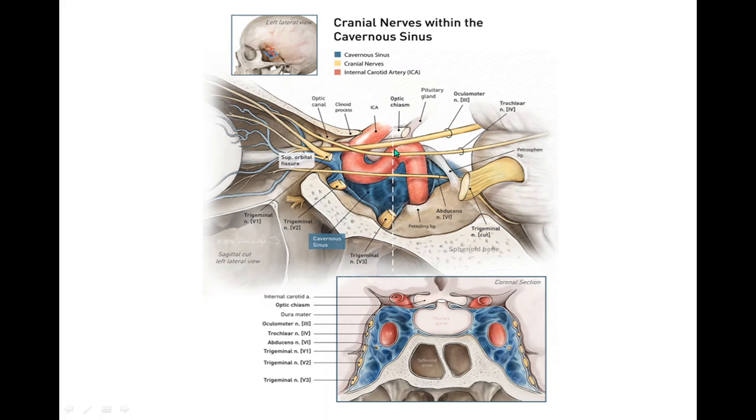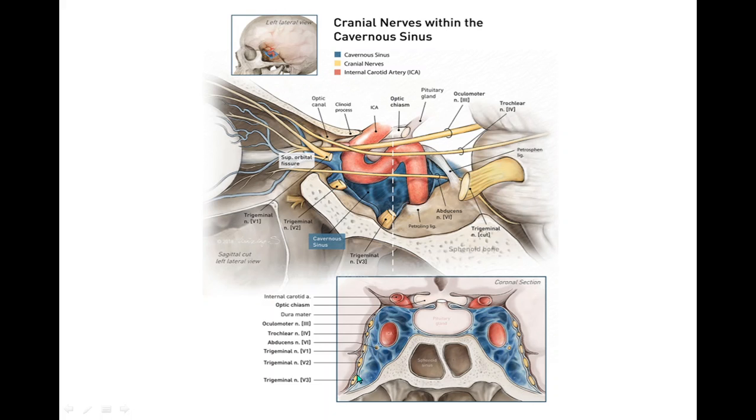Here in this picture the ganglion is taken out to show the structures which are related to it on the medial side of the ganglion. This ganglion is there in the lateral wall of the cavernous sinus. You already studied the cavernous sinus, having the roof, floor, medial wall and the lateral wall. So this ganglion is there on the lateral wall of the cavernous sinus with its three divisions.